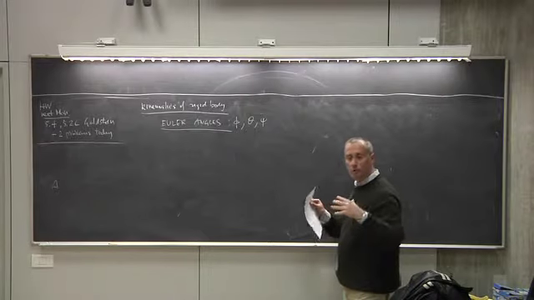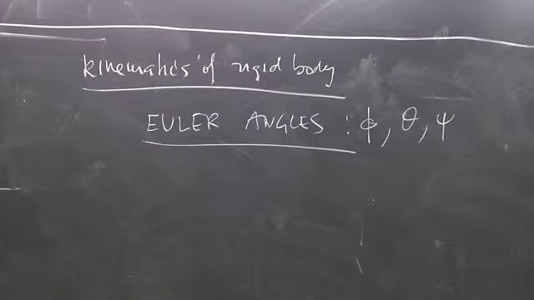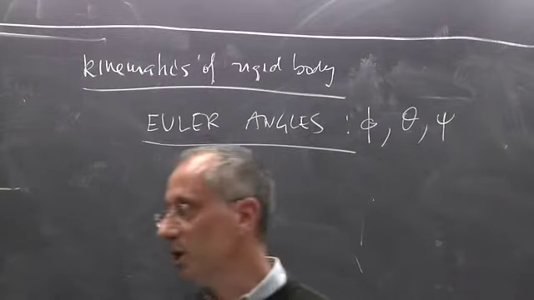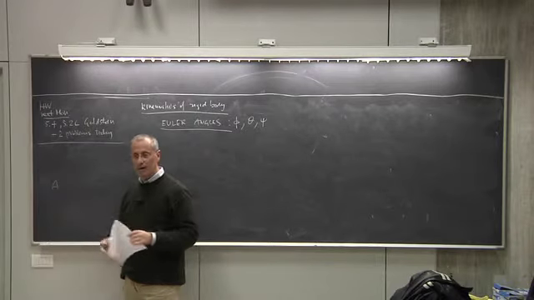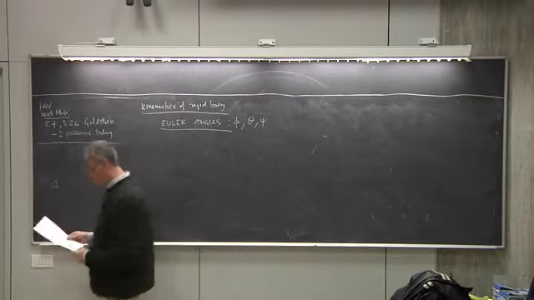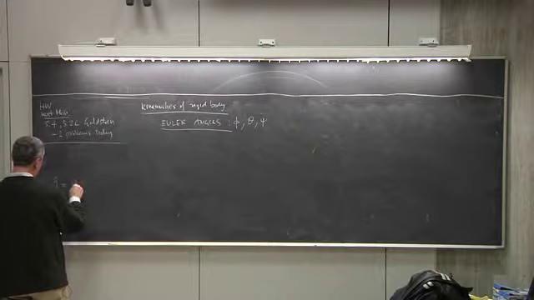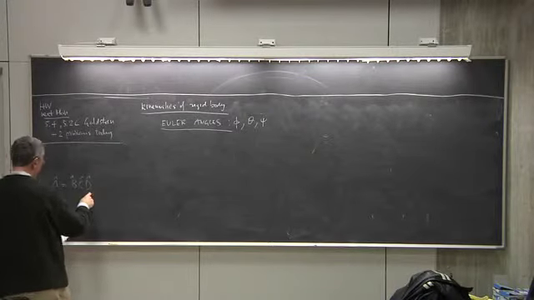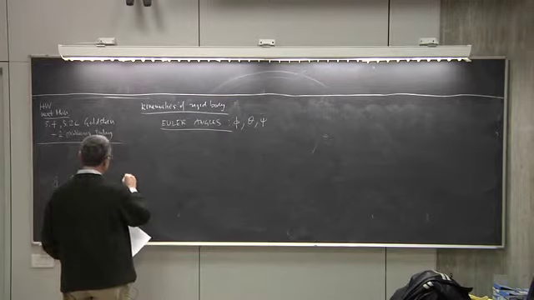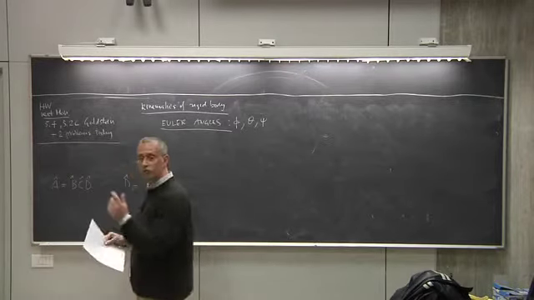And then you compose these 3 rotations by multiplying the matrices, and the product of these 3 matrices is going to be this matrix that describes the whole motion. And so what I have is the product of 3 matrices that I call B, C, D, where D is the matrix of the first rotation.